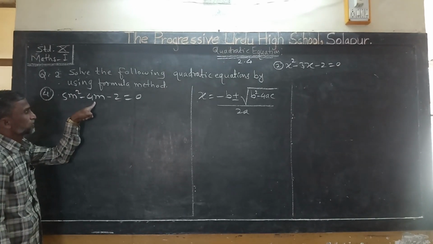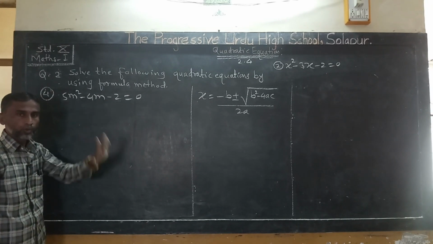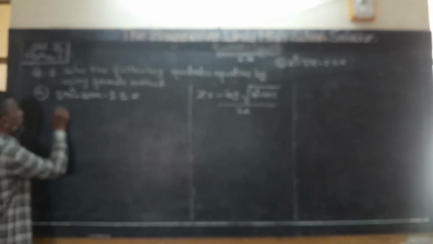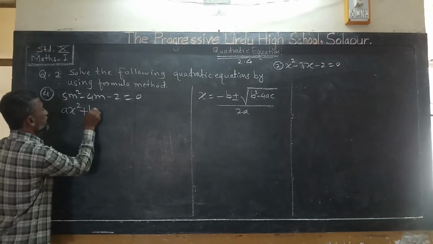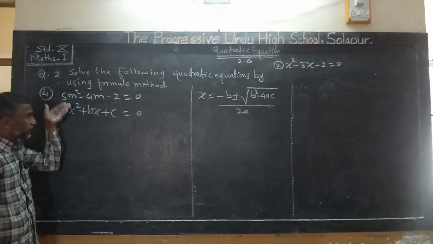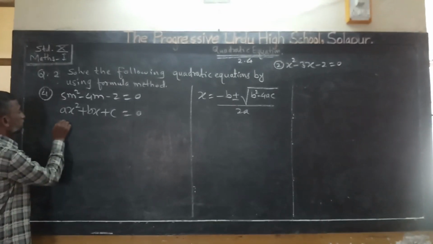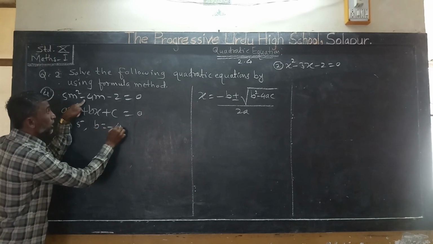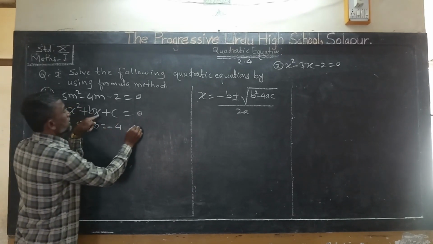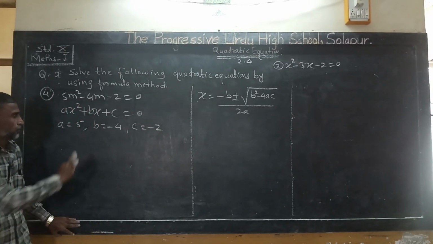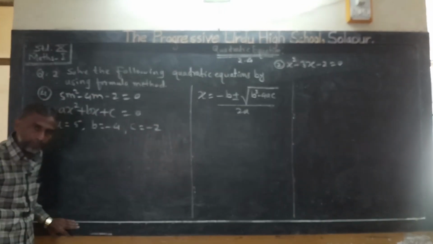Compare this given quadratic equation with the standard form ax square plus bx plus c is equal to 0. Now comparing, write the values of a, b, c. So a is equal to 5, b is equal to minus 4, write it along with the sign, c is equal to minus 2.